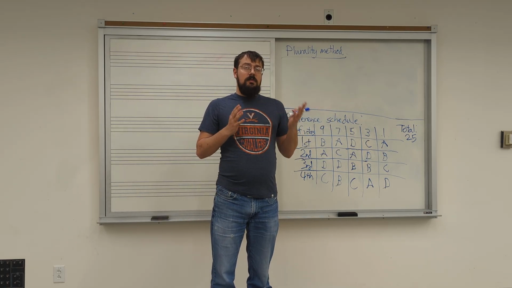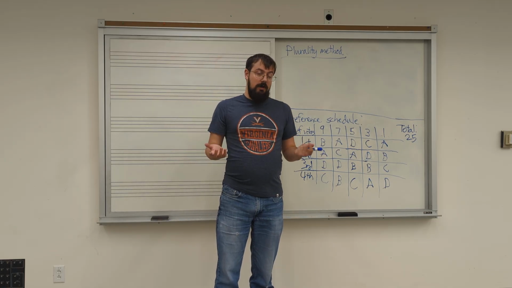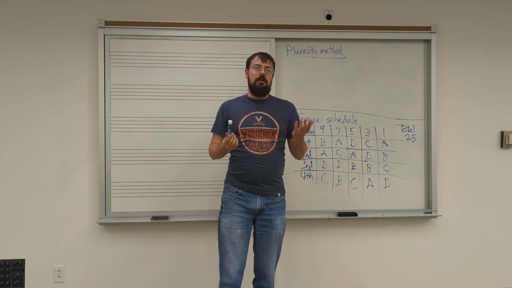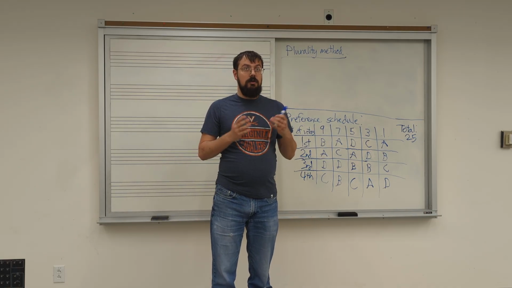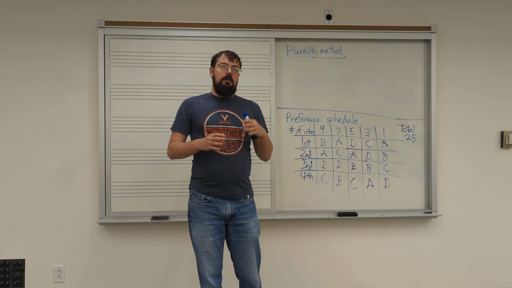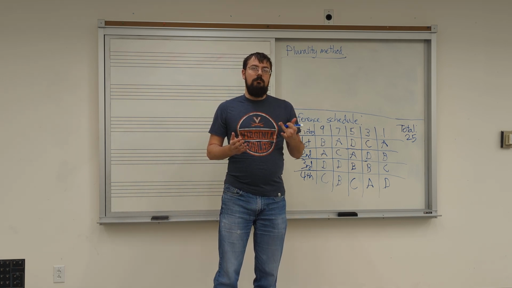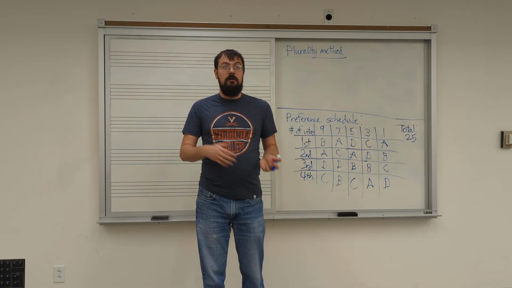So even though most people would prefer candidate A over candidate B, B still wins. This is one of the disadvantages of the plurality method, along with the fact that sometimes with this method, we get what's called insincere voters, which is where voters think that the candidate they want does not have a chance, so they vote for someone else.